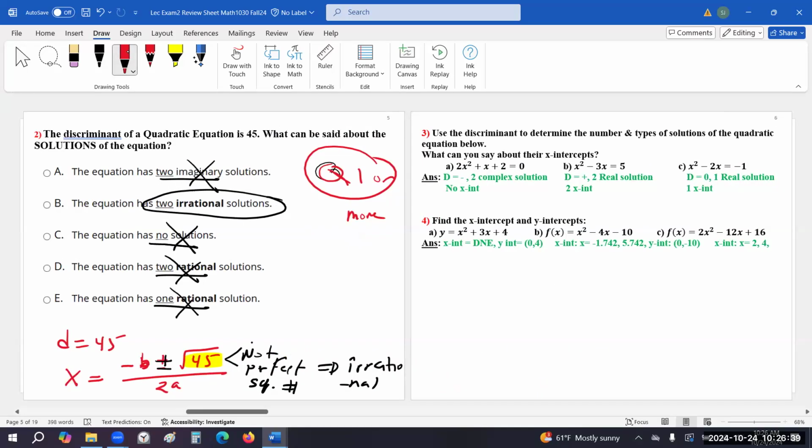In the next set, you are going to find out what's the discriminant, and based on the discriminant, what type of solution you have and what type of x-intercept, or whether you have any x-intercept or not. We have three scenarios, so you have three questions. You're going to do three of these in the exam.